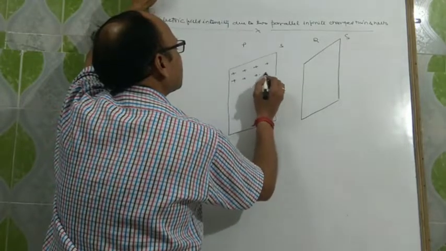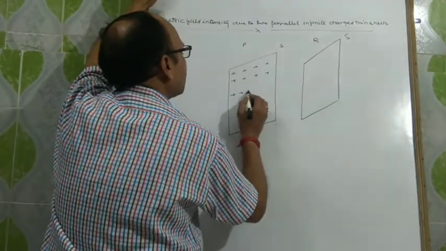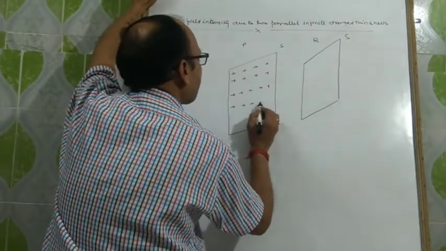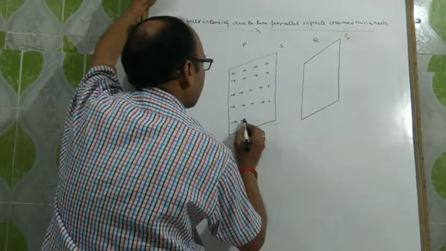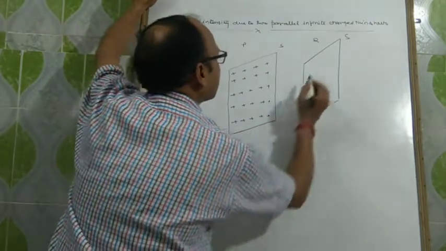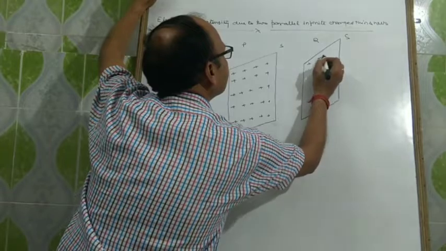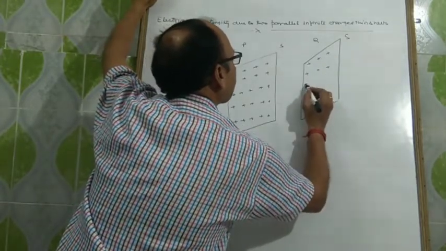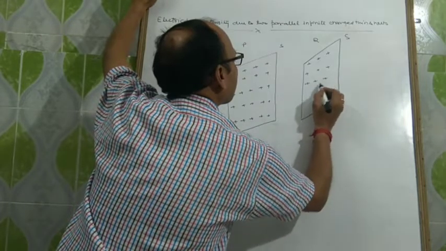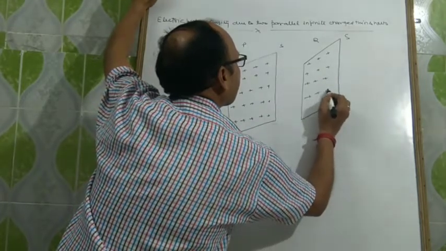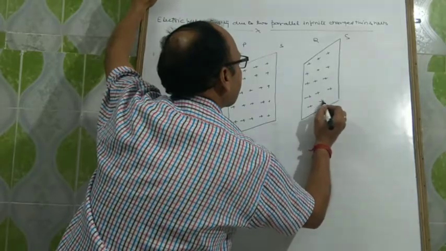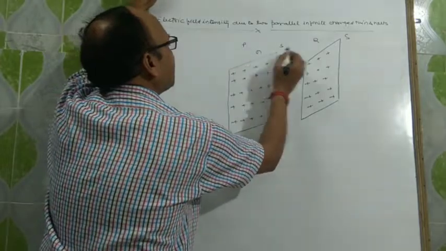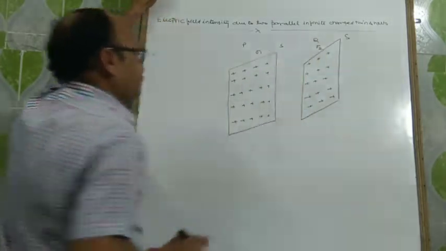and plus Q1 charge spread on this, meaning uniformly distributed, and Q2 charge on this. Suppose its surface charge density is sigma 1 and the other surface charge density is sigma 2.